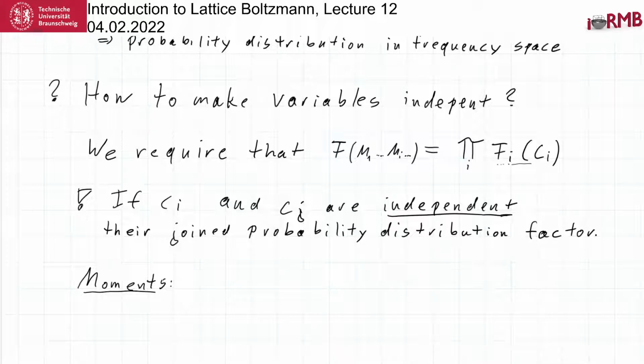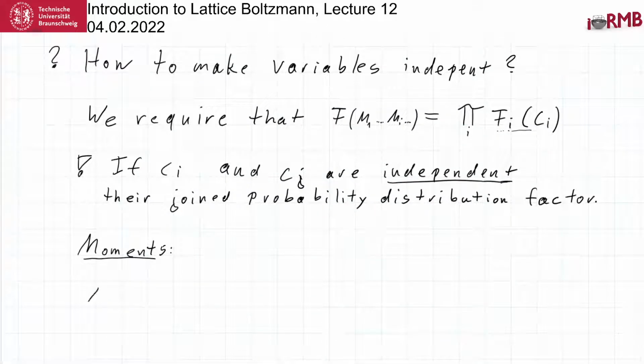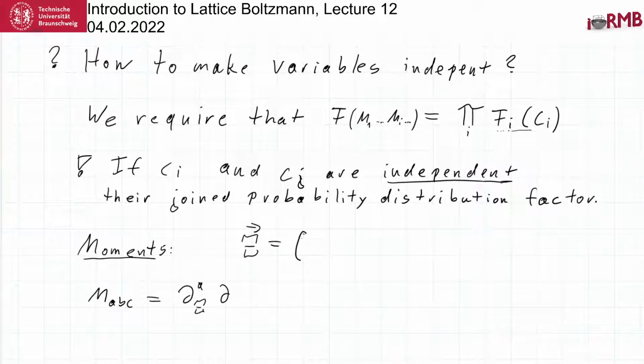Again, look at what moments are. The moments M_ABC are derived from the moment generating function by taking derivatives in the different variables, where again this velocity frequency, which we had in one of the earliest lectures, is here the vector of the frequencies in the different directions.